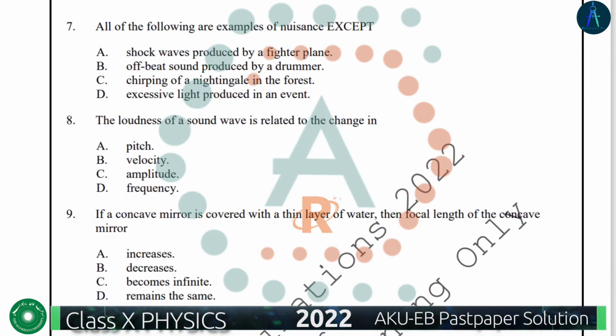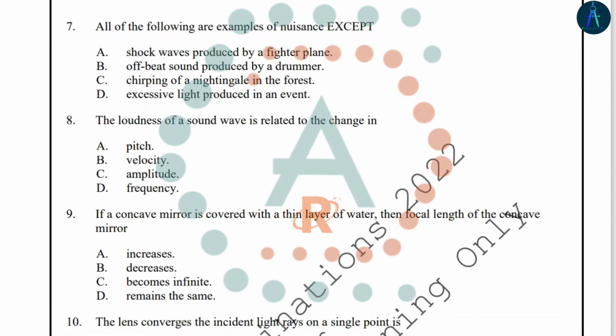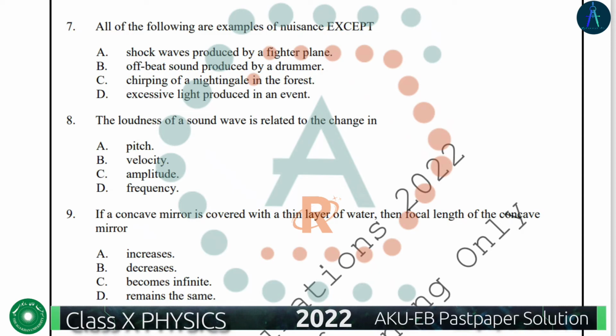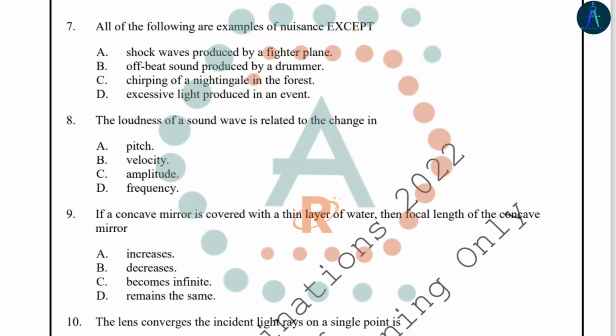Let's see the other question. All of the following are examples of noises except for one. Shock wave produced by a fighter plane, offbeat sound produced by a drummer, chirping of a nightingale in the forest, and excessive light produced in an event. We have to identify the option where there is no noise produced.